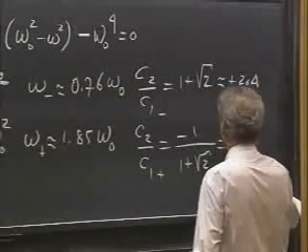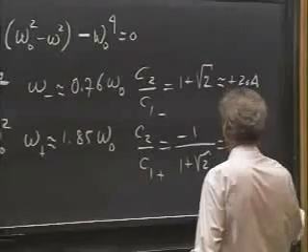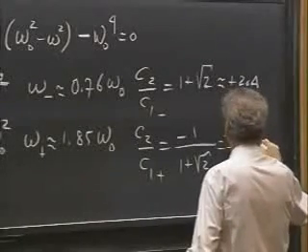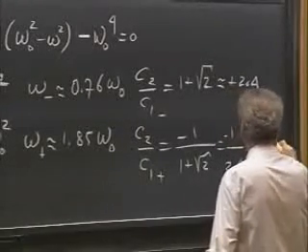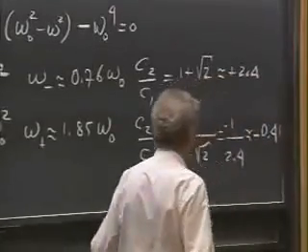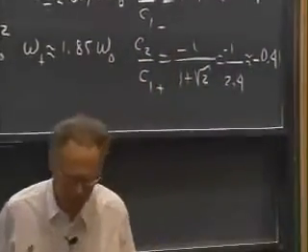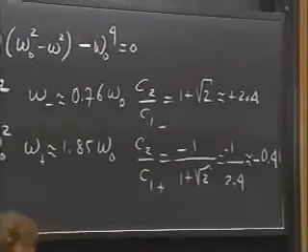So it's going to be minus 1 divided by 2.4. So it's going to be roughly minus 0.41. So those are then the formal solutions for the normal modes.